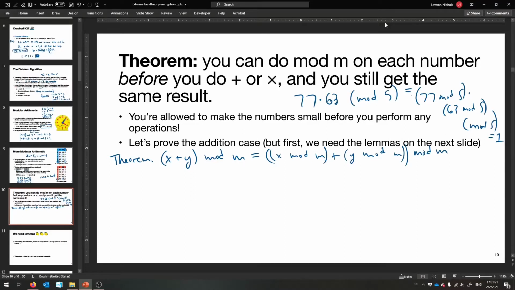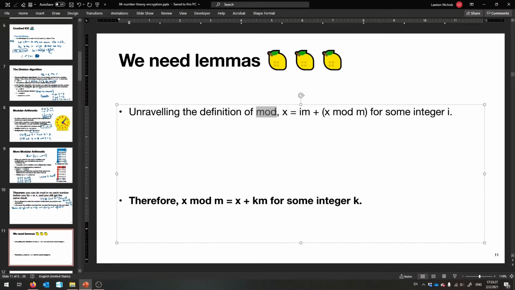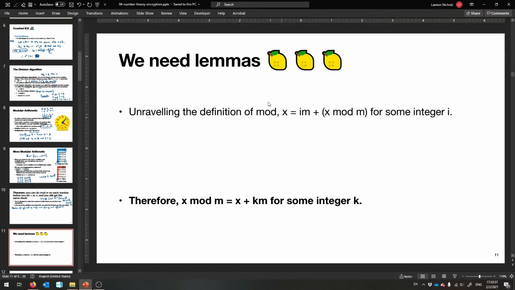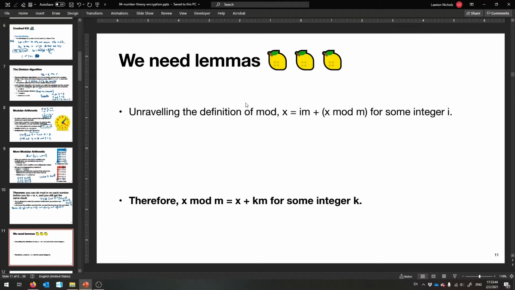And that we're going to prove. So first we need a lemma on the next slide. So on to the lemmas. If we go and unravel the definition of mod, for any number x, it equals some integer i times m plus x mod m, for some integer i. That is how you can divide x by m. That's the point, and this gives a lot of neat facts.